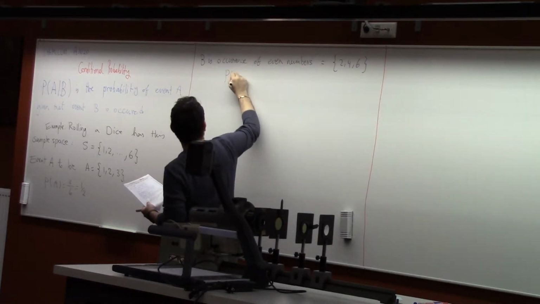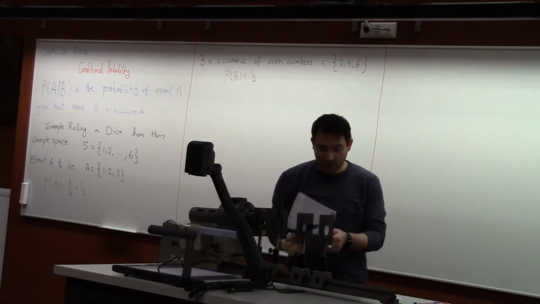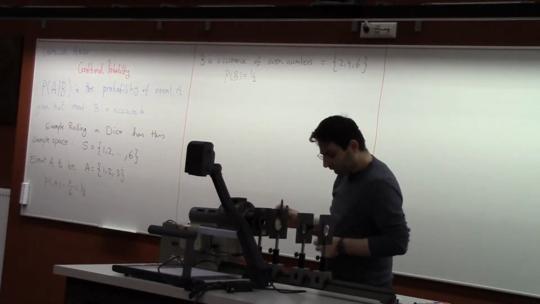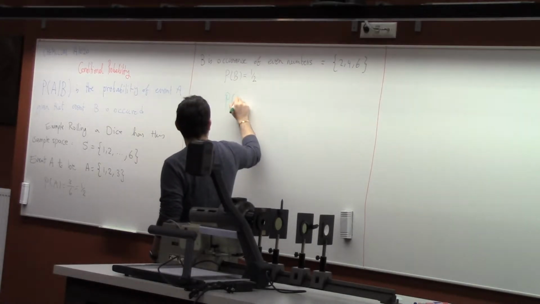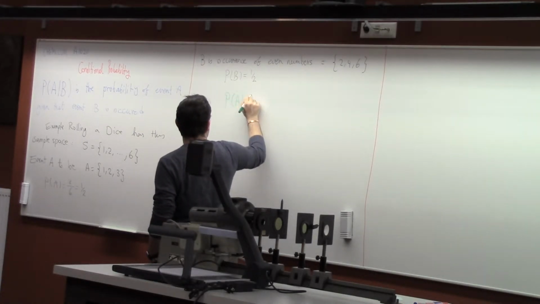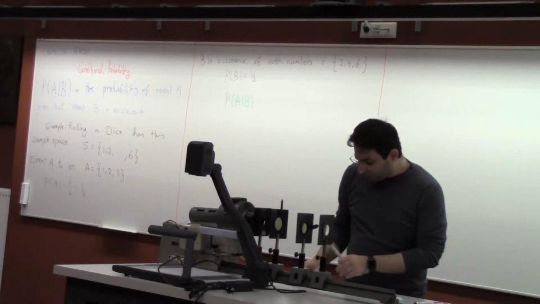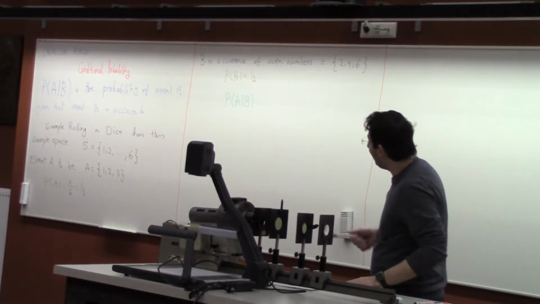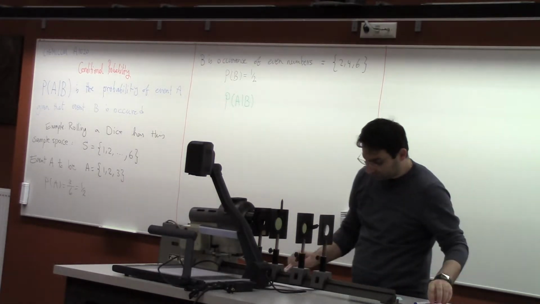And we know that the probability of B is also 1 over 2. Now, what we want to do is calculate P(A given B). In other words, we want to calculate what will be the probability of having event A if event B has occurred.